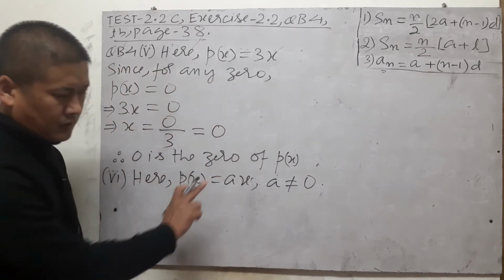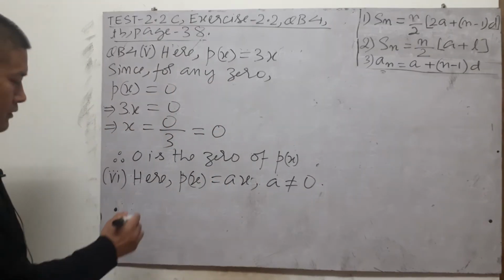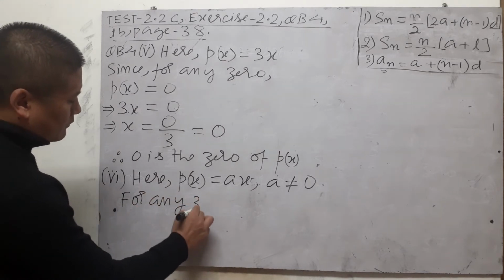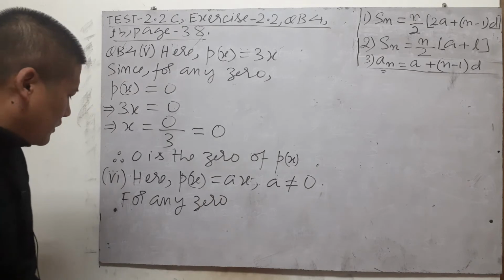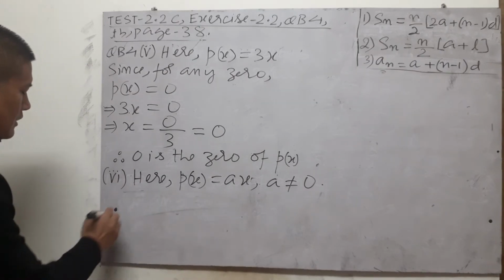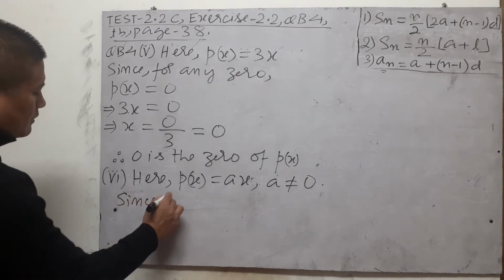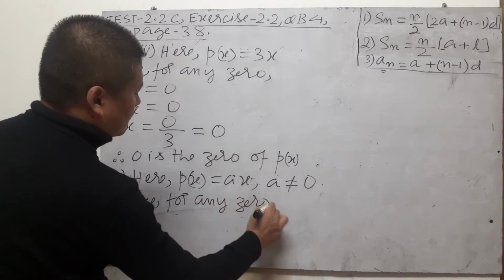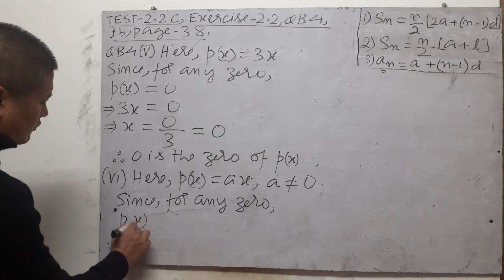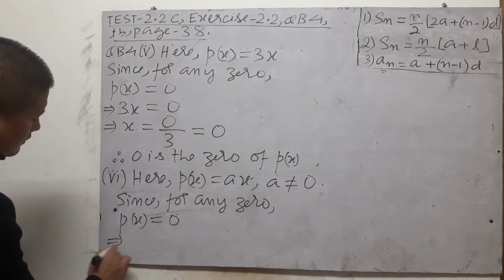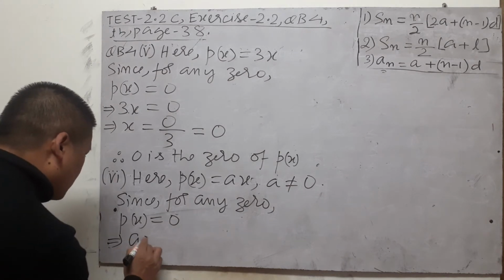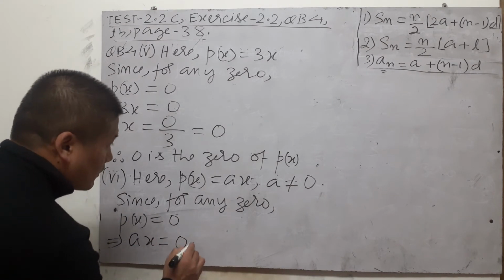Since for any zero, the p of x should be equal to 0, this p of x value here, ax, should be equal to 0.